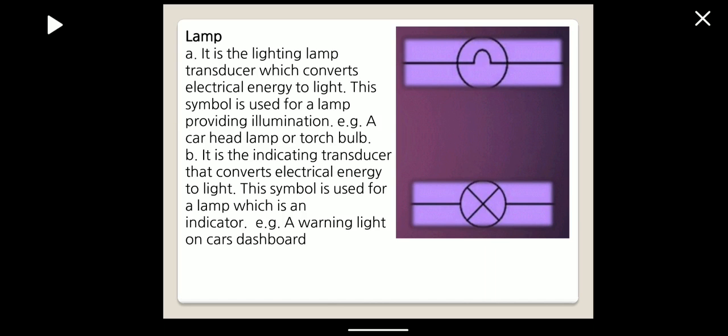Then there is an indicator transducer that converts electrical energy into light. This symbol is used for a lamp which is an indicator. For example, a warning light on the car dashboard.